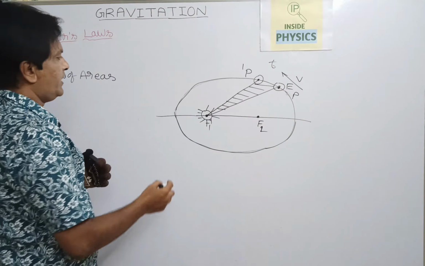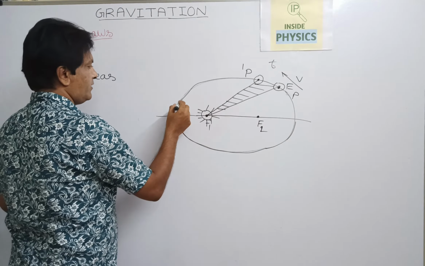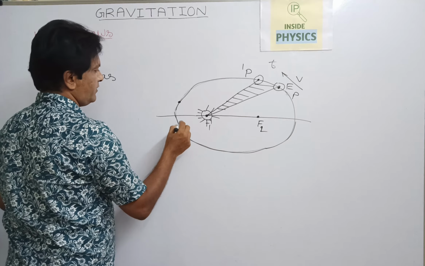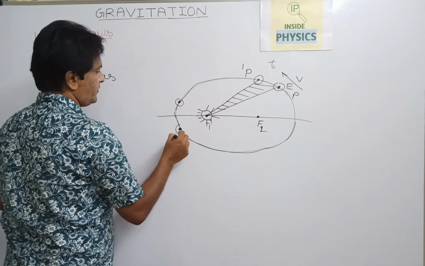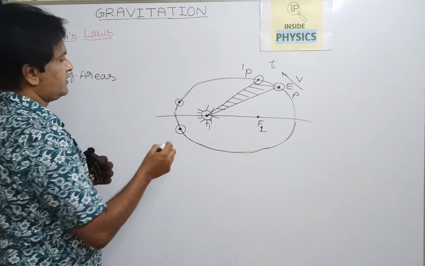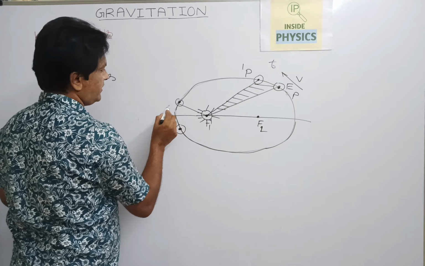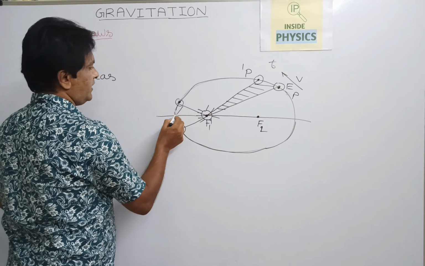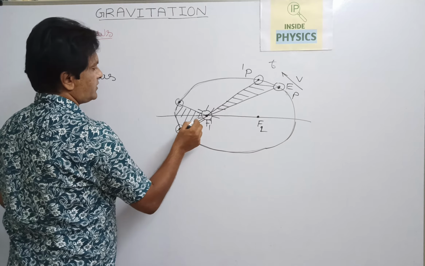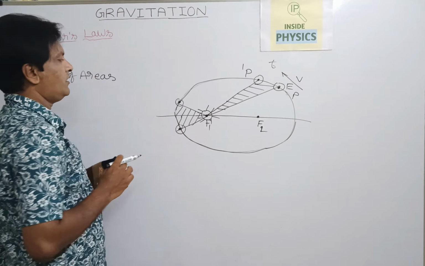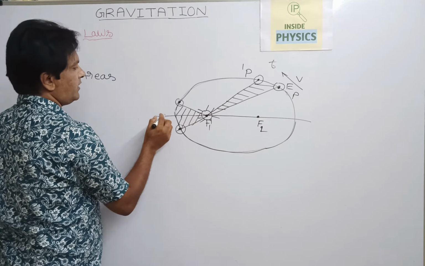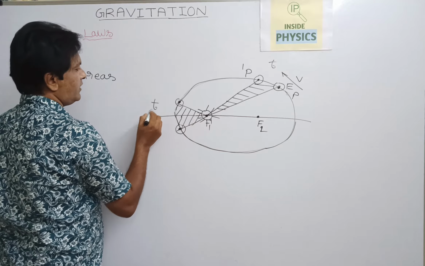If the same planet Earth moves from here to here, the line joining the Sun and Earth covers this area in the time t.